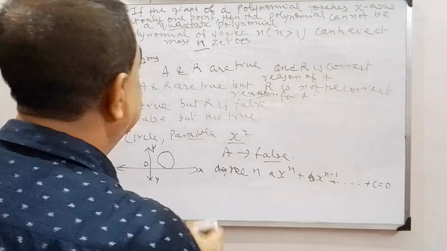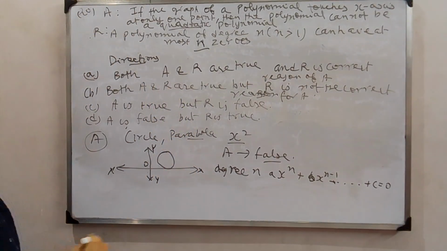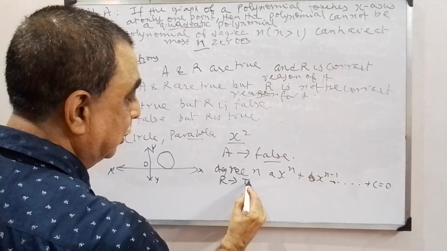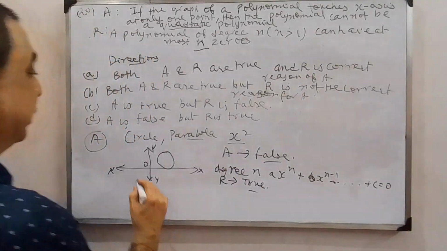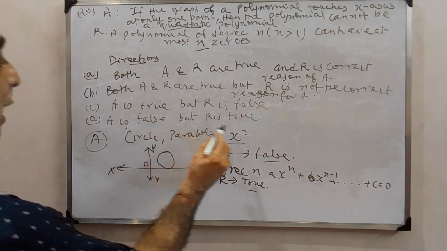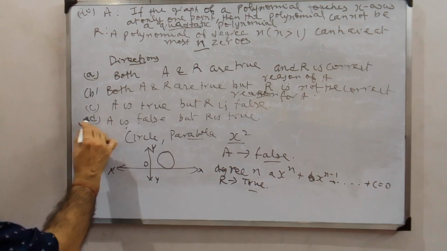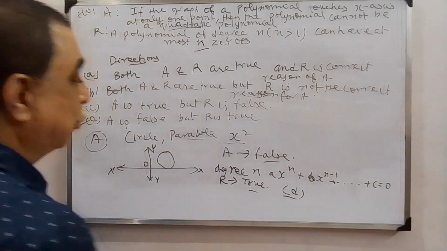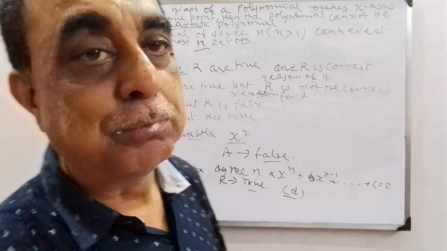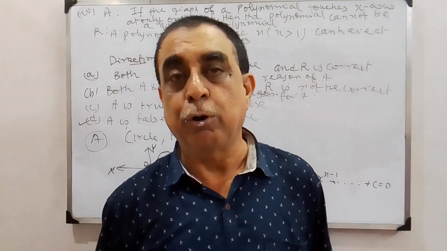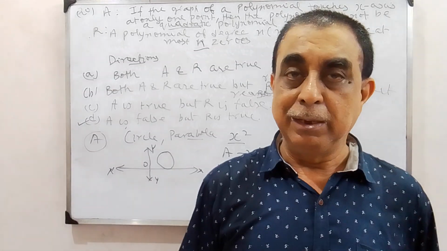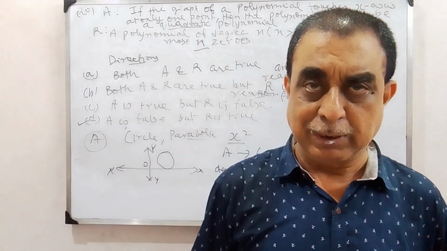So R is true. So A is false and R is true. So the answer is D.